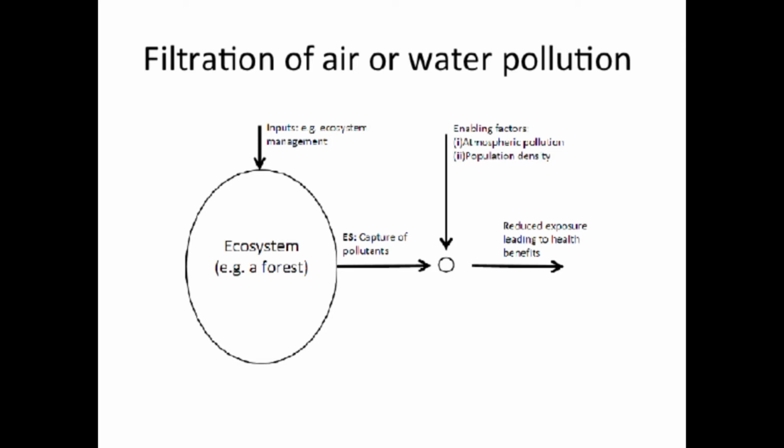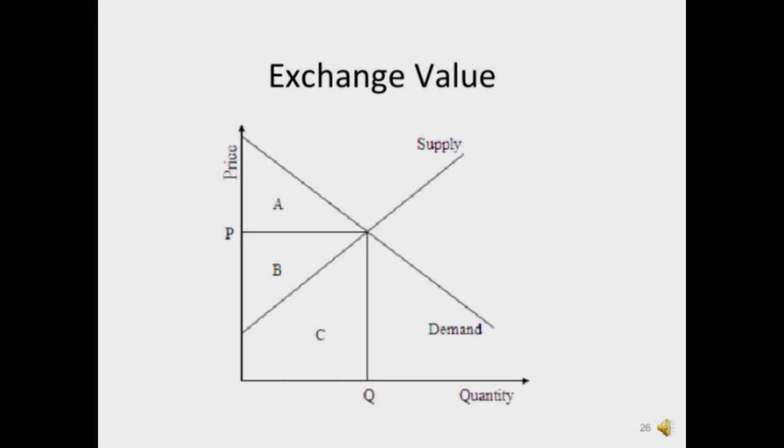You cannot value the benefit of these Catskills water filtration services based on the replacement cost or some kind of substitute service provided by new infrastructure. That's not really the value of those services or the benefits. If you want to understand the value as we value goods and services in the accounts, you have to look at the exchange value concept.